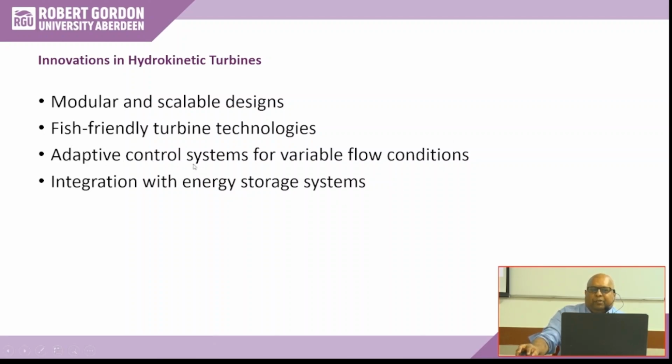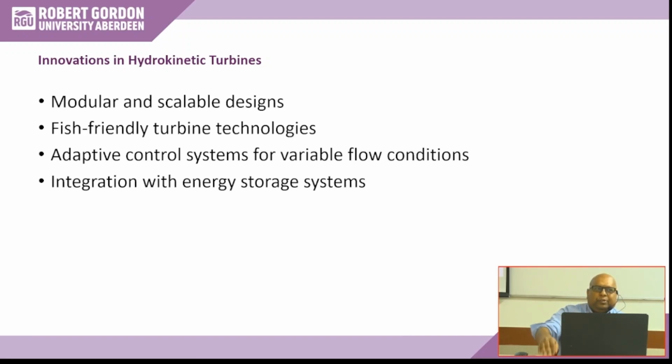An adaptive control system for variable flow conditions. If your flow fluctuates between 2 meters to 2.5 meters to 3 meters, then back to 2 meters, then again 2.1 meters, if the flow changes continuously, you have to have an adaptive control system, so you get the maximum efficiency. You get the maximum efficiency when your tip speed ratio is fixed, constant.